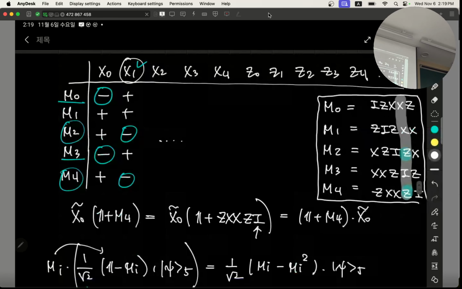So for example, if you had X0, you will see 2 minuses on the first. Then, if you see these two measurement outputs are 1, then you can say, okay, there is an error on qubit 0. That's how we detect an error. Okay?